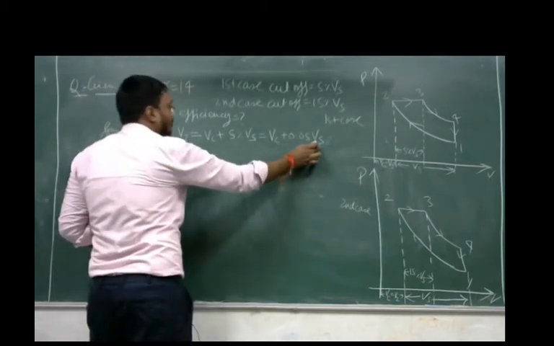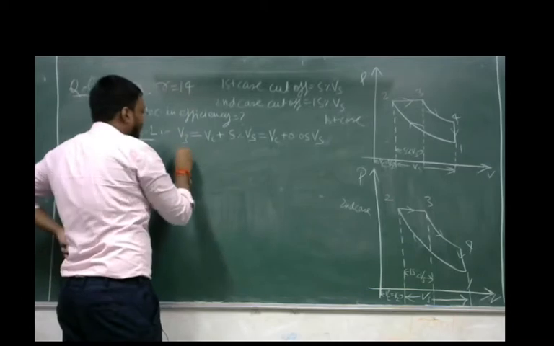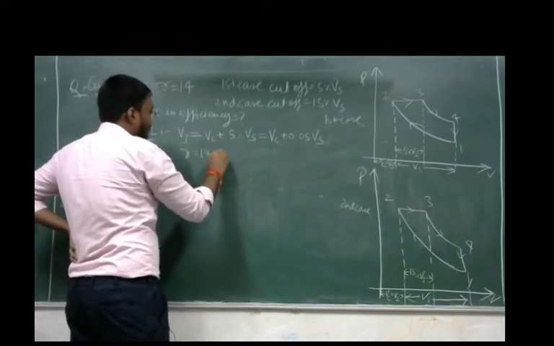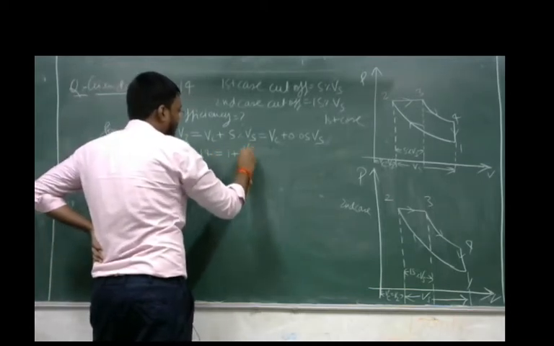We can do this by using the compression ratio R. We know that R is equal to 14 and R is nothing but 1 plus Vs by Vc.